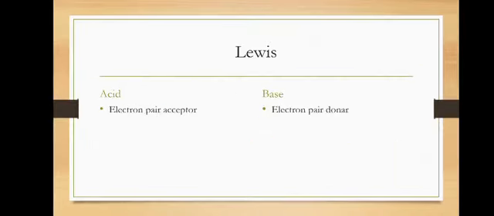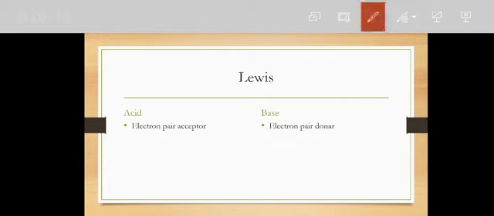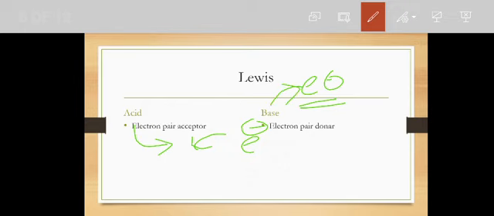Lewis concept, or Lewis theory, depends on electron pair. Arrhenius theory depends on H plus ion and OH minus ion. Bronsted theory depends on H plus donor and H plus acceptor. Lewis theory is based on electrons. So electron pair acceptor is acid, and electron pair donor is base.